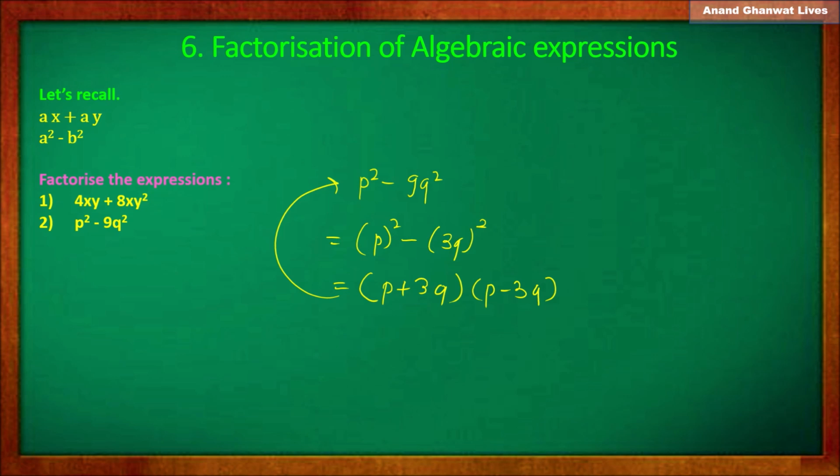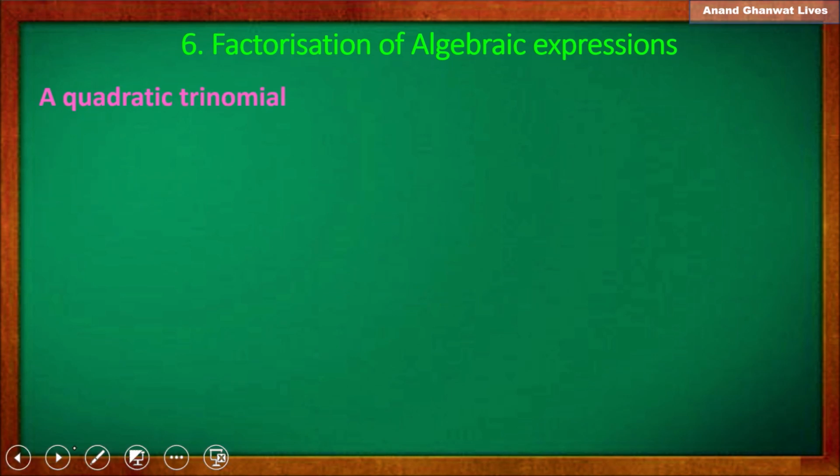Now let us understand what is the quadratic trinomial. Firstly, we have learned about trinomial. In the expression, if there are three terms, then it is called a trinomial. Suppose ax square plus bx plus c, it is a trinomial because there are three terms. Now what is the meaning of quadratic trinomial?